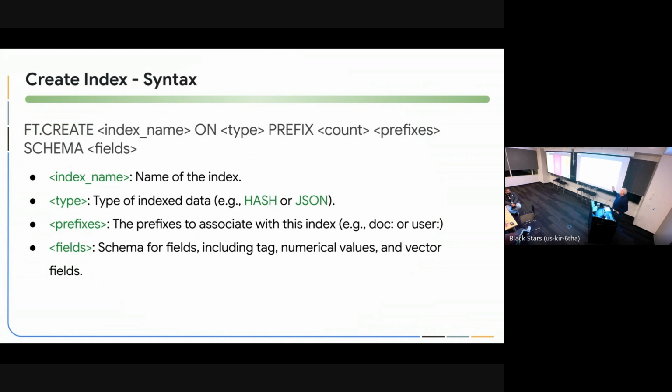You define the fields, and the rows of your table are individual Redis keys. Okay. And the implementation is that you can have hash keys or JSON keys as members of the index.